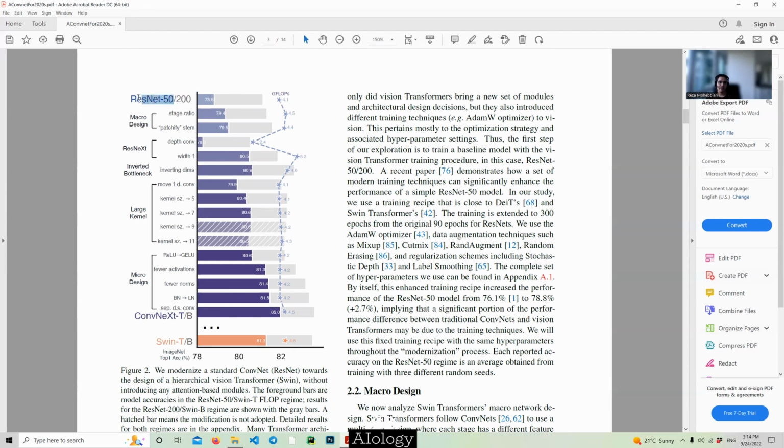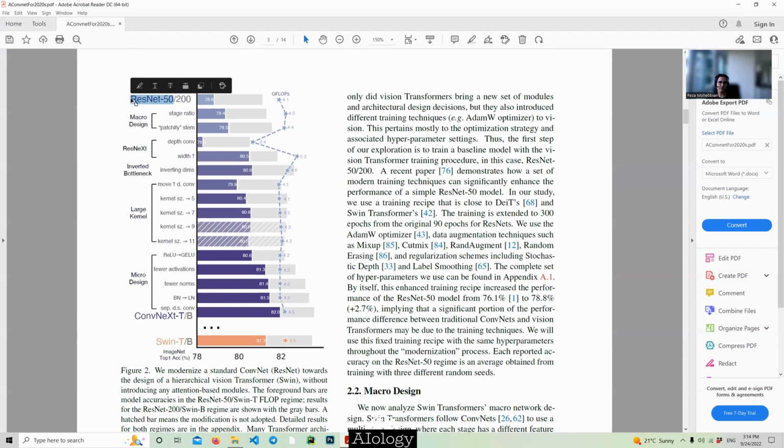And if you have a residual neural network and its counterpart, Swin Tiny, and if you want to compare ResNet 200 with Swin Base, that would be a fair comparison because the complexity of these two models is the same. That's why in the whole paper, it's categorizing these two different networks in this way.